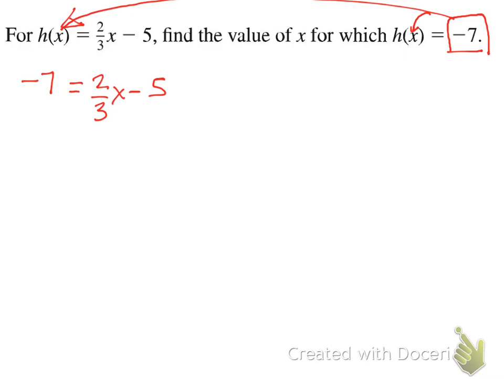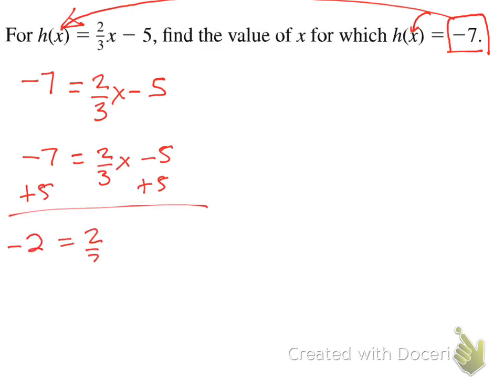Write the equation, then use the information and substitute in. So here we go. -7 equals 2/3 x minus 5. Add 5, add 5. And we have -2 equals 2/3 x. I'm going to multiply everything by 3 over 2.